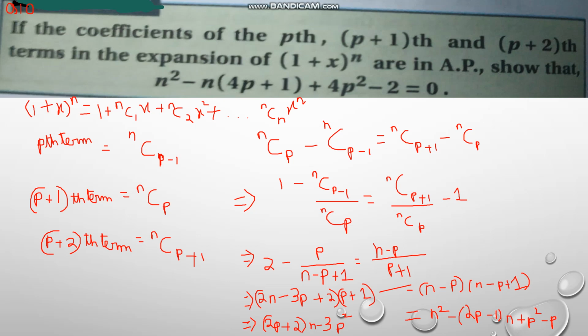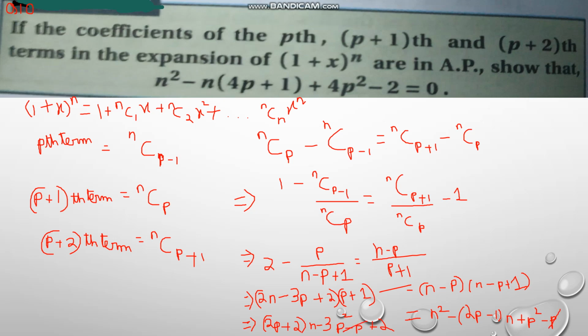Now there will be a 2p. Okay, 2p and minus 3p, so another minus p, and there will be a plus 2 here. This minus p will cancel with this minus p.